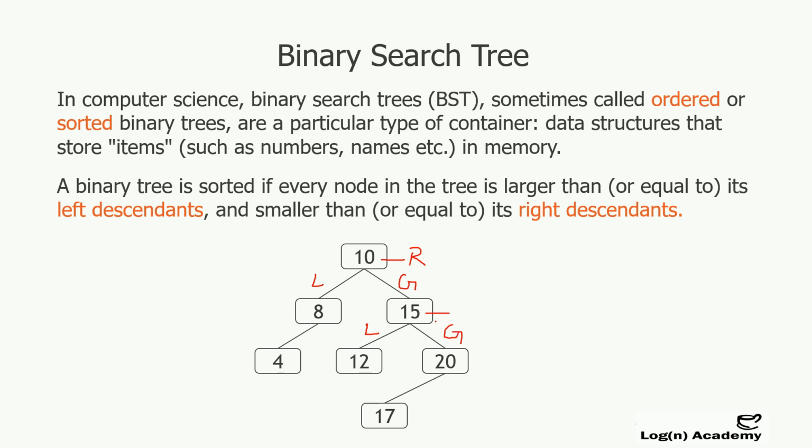So we have to follow this rule to get the binary search tree. Most of our applications are based on the binary search tree. When we look at the advanced trees, they will follow the binary search tree rules.